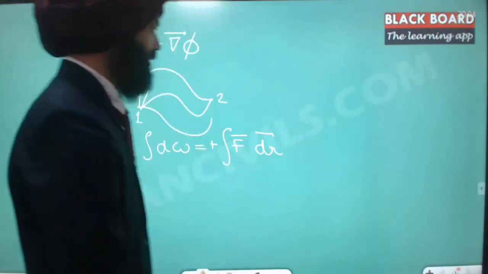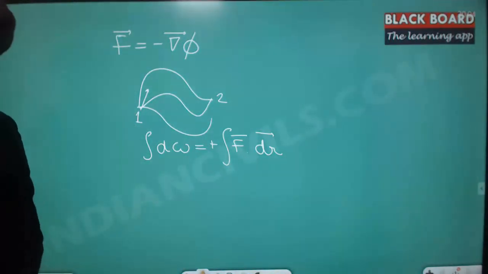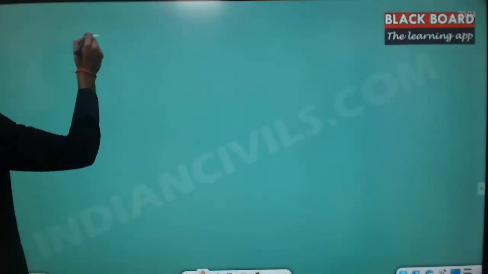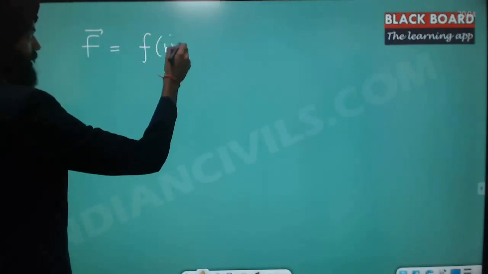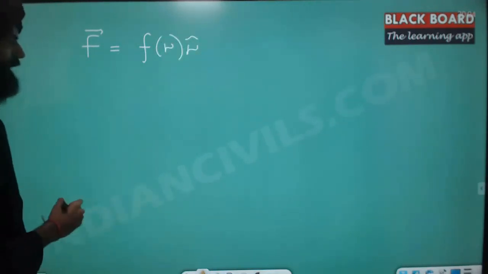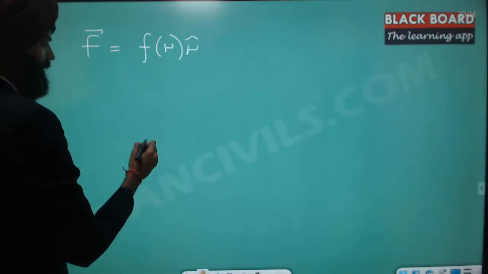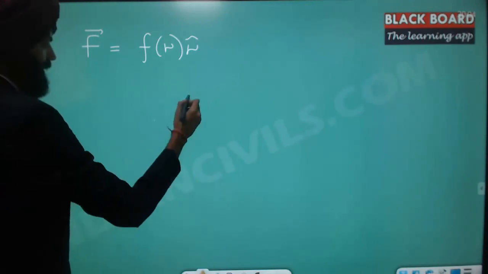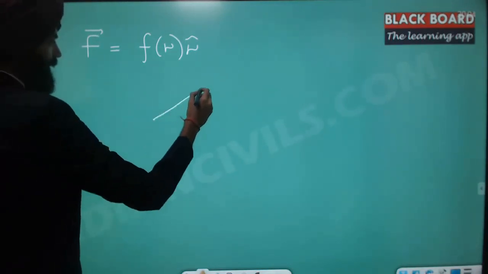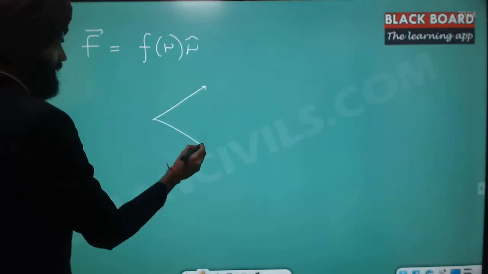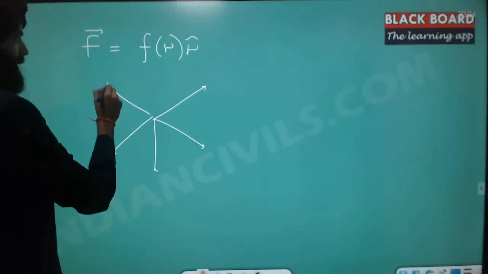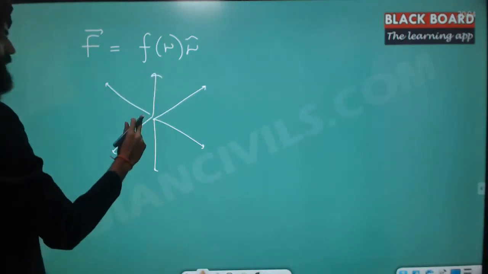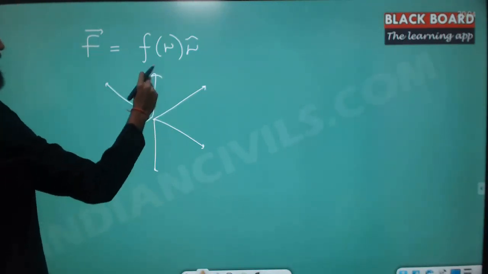So if there is any force F such that this force is a function f of r, which means that the force will change radially outwards. If you go outwards from this point in any direction, the value of the force will keep changing.